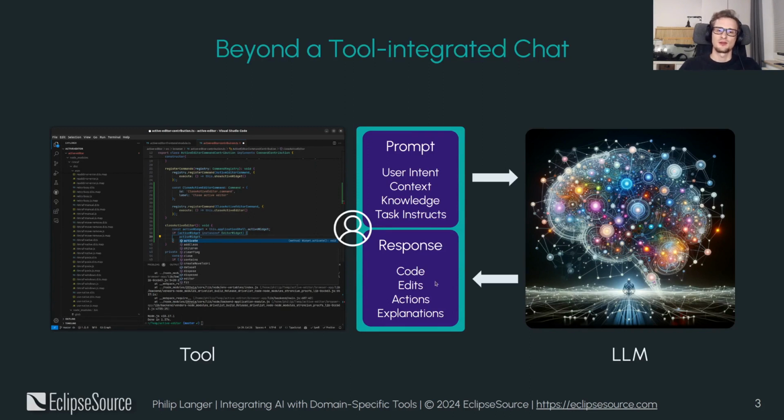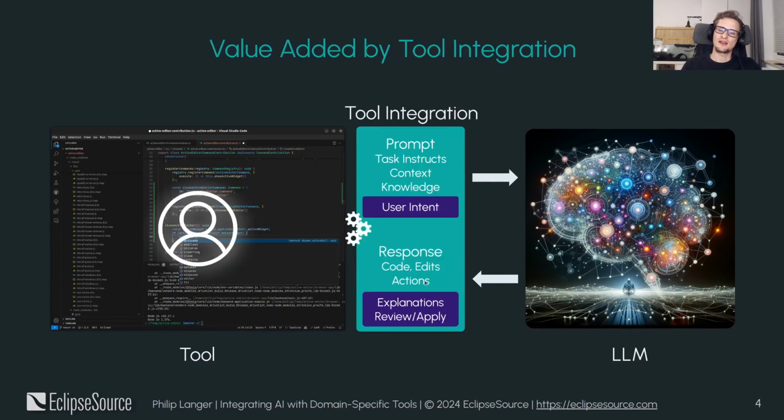So where the value is really added by all of these tools is that they are integrated seamlessly so that the user can essentially stay in their IDE and only specify their user intent, and the tool integration takes as much as possible over the task of creating the context, adding the knowledge that is maybe necessary, give some task instructions to the LLM in the background so that the LLM performs as much or as best as possible for the specific task.